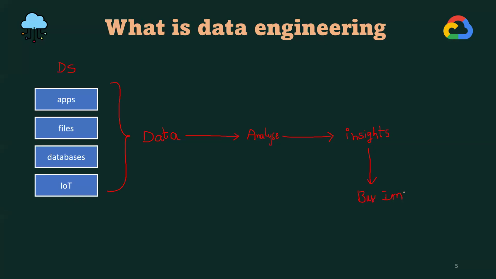This is the end goal for every company. What is a company's main goal, guys? Every company wants to grow. They want to improve their business. They want to increase customer sales. They want to improve customer behavior.